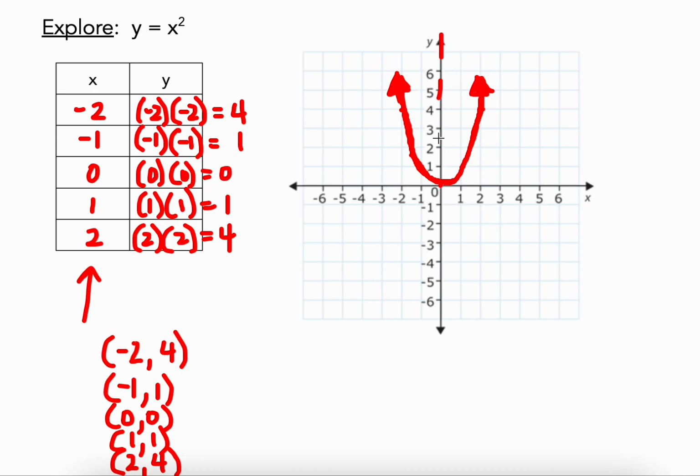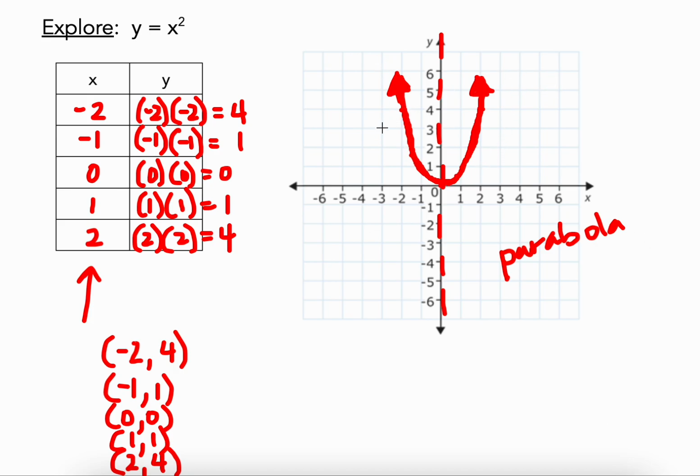So basically we have a symmetrical line here, right? And this line actually is called a parabola, because it curves. Now, does it have a constant rate of change?